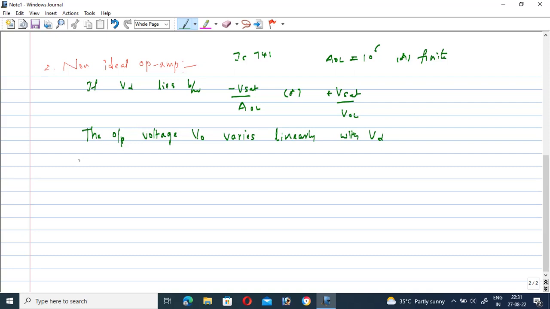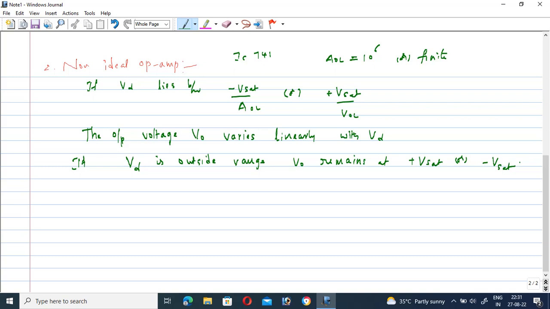If VD is outside the range, V0 remains at plus Vsat or minus Vsat.